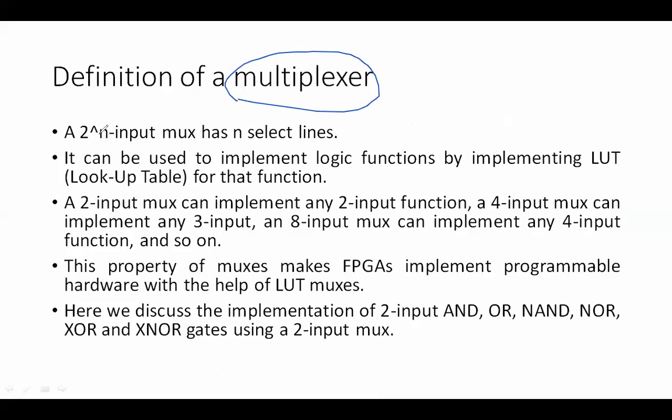We have a 2 raised to n input mux, and that will have n select lines. These select lines are S0, S1. If it has n select lines, then 2 raised to n will be the number of inputs. If I have 2 select lines, say S0 and S1, then 2 raised to 2 will be the number of combinations.